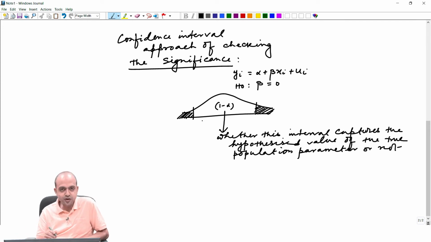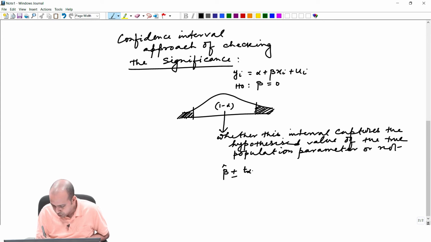And how is this interval determined? The interval is determined as beta hat plus minus t alpha by 2 into standard error of beta hat.